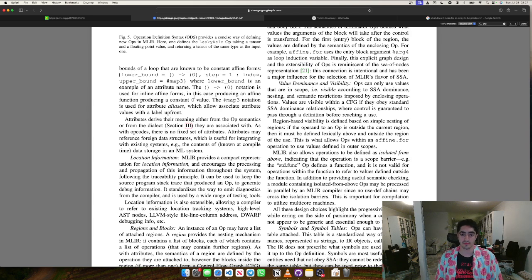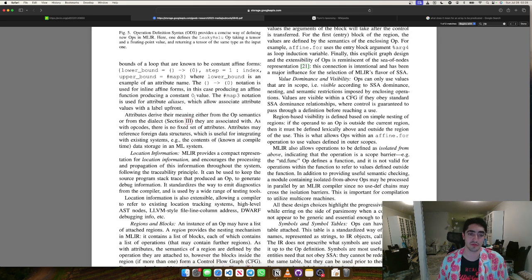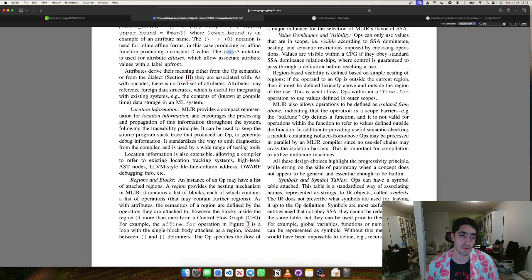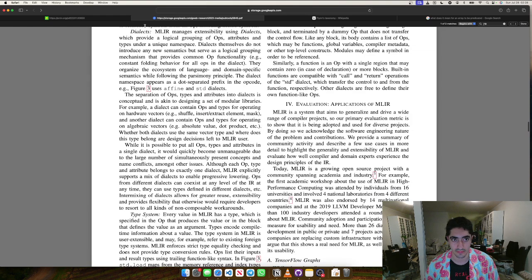In this case, an affine function producing a constant zero value, the map notation is used for attribute aliases, which allows associating attribute values with a label up front. Attributes derive their meaning either from the operation semantics or from the dialect. Section 3.